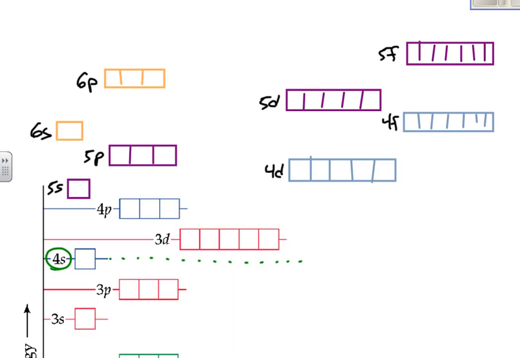We'll talk about this in just a minute, where we're going to put electrons into the lowest energy level first. So it's been shown that the electrons end up going into the 4s orbitals before they go into the 3d orbitals.